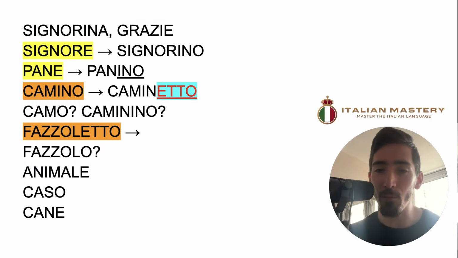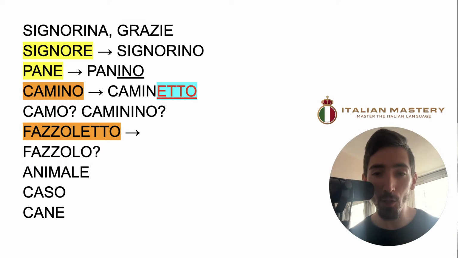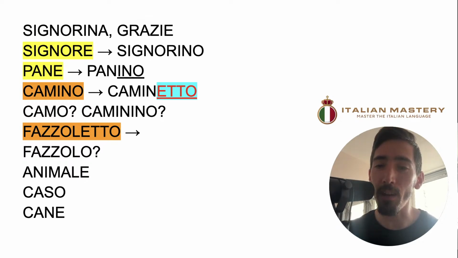Arthur said, "Bravo, Mark. Fazzolino is a good try, and I'm going to explain why," but it's actually fazzolettino. Fazzolettinino? No. These are good examples, but fazzolettino is the one that's correct.